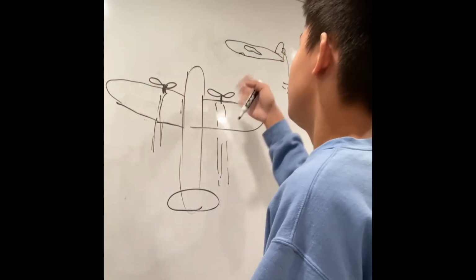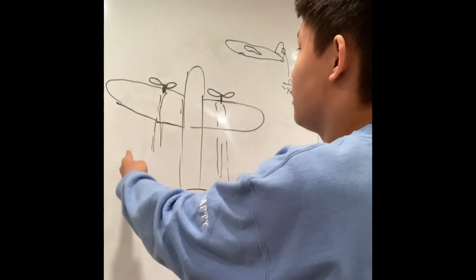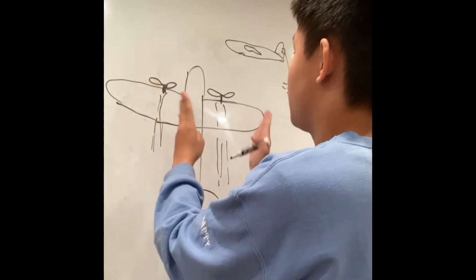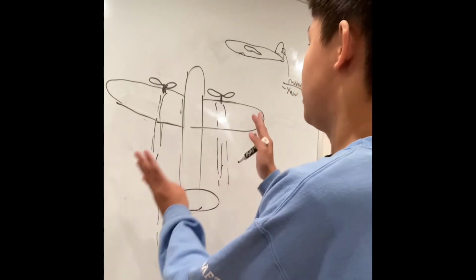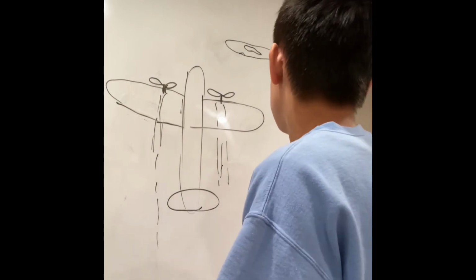So if this one's faster, more thrust, and this one's less thrust, then of course it'll push it this way, so it'll turn left. And same thing, more thrust, less thrust, then turn right. But yeah, that's differential thrust.